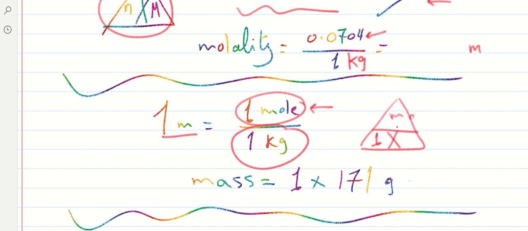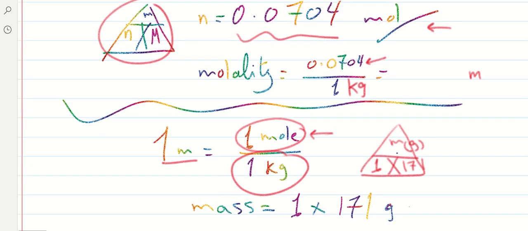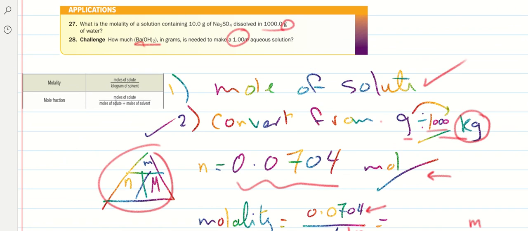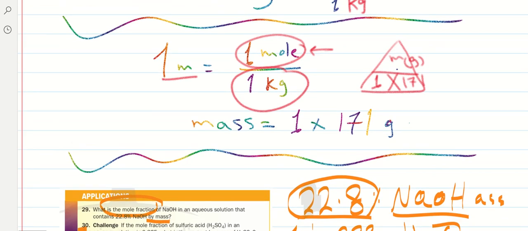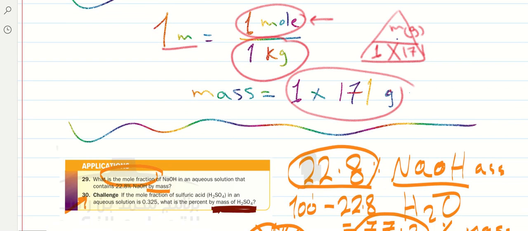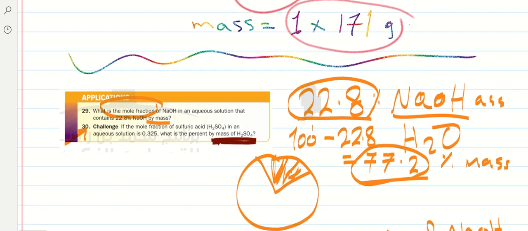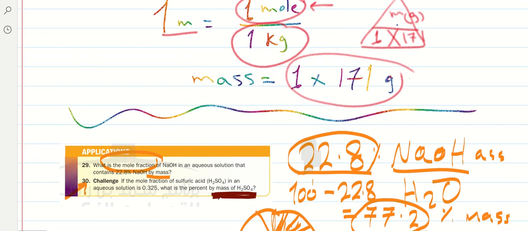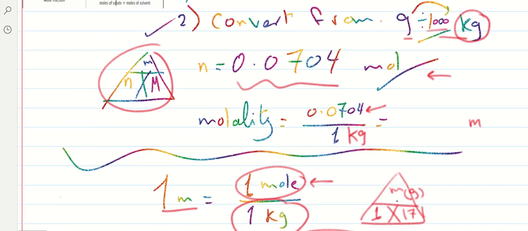I want the mass in grams, which I don't know, and the molar mass of barium hydroxide after calculating is 171. So simply you multiply 1 times 171 grams.